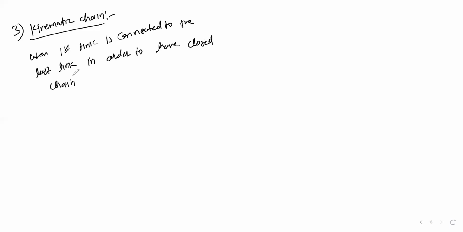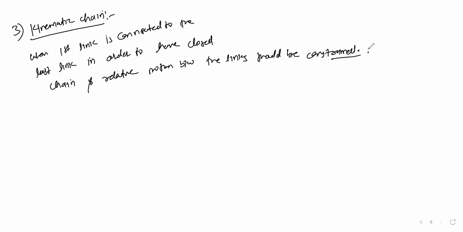So in a closed chain the first and last should be connected, and the relative motion between the links should be constrained, that is, in one direction. That is called a kinematic chain. And if it is constrained, it can be a mechanism. That will be a mechanism.